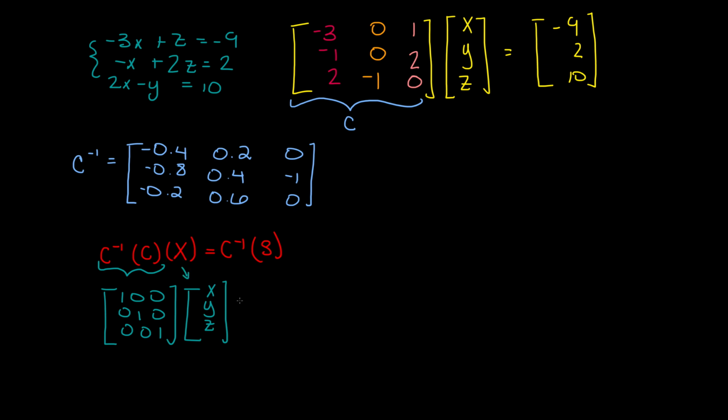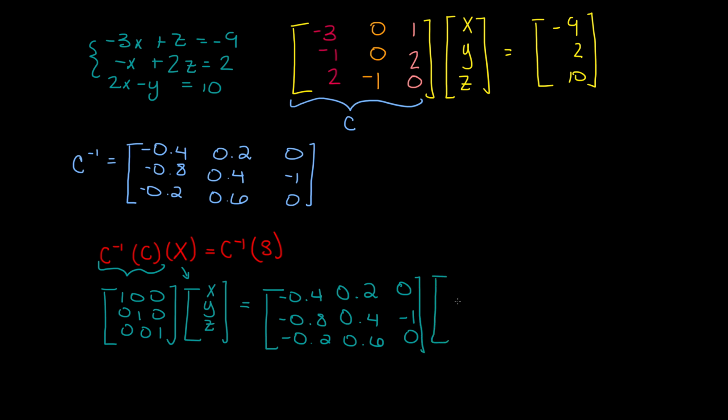And this is going to be equal to -0.4, 0.2, 0, -0.8, 0.4, -1, -0.2, 0.6, 0, times -9, 2, and 10.